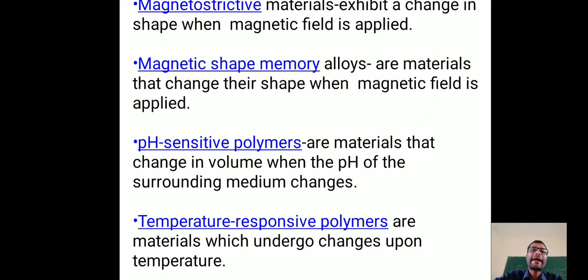The next material, magnetostrictive. Magnetostrictive materials are such materials which exhibit change in shape when a magnetic field is applied.